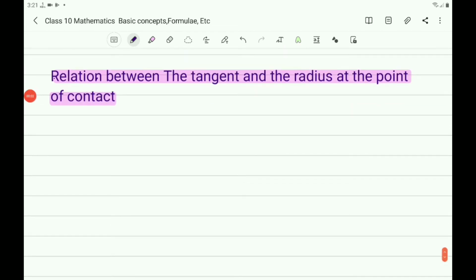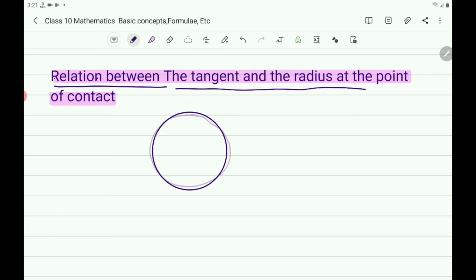Now let us discuss the relation between the tangent and the radius at the point of contact. Take the circle with center O and the tangent at a point.